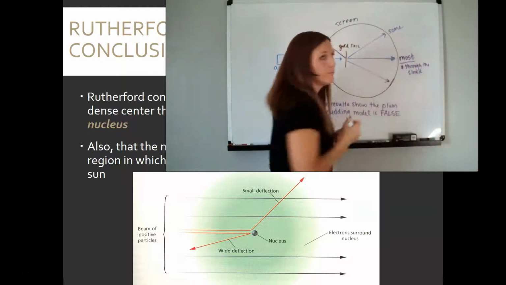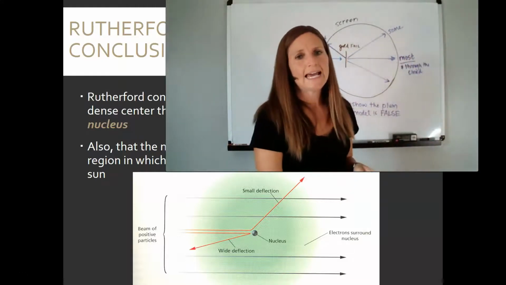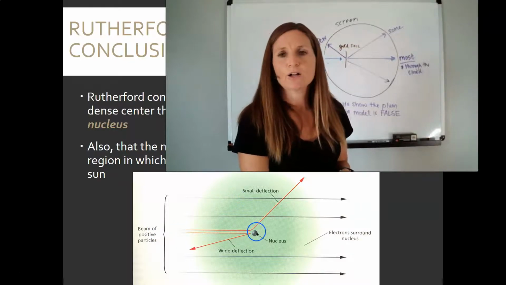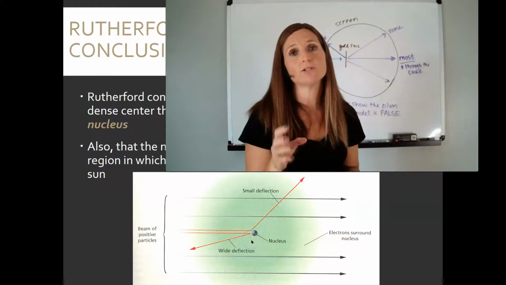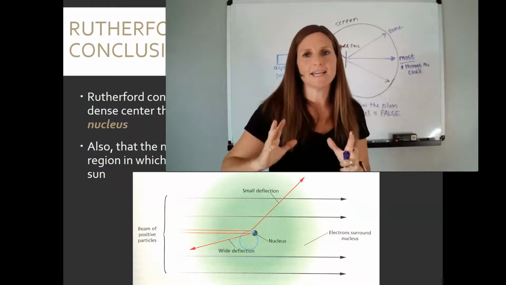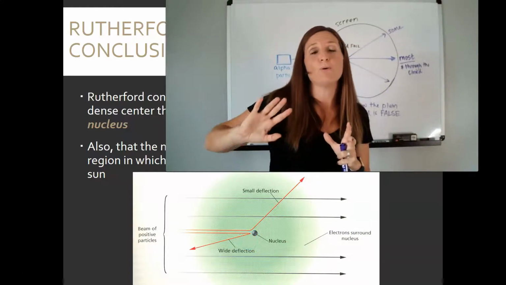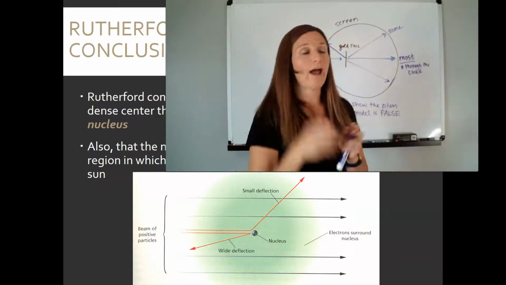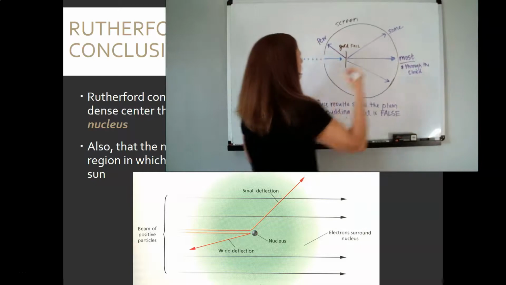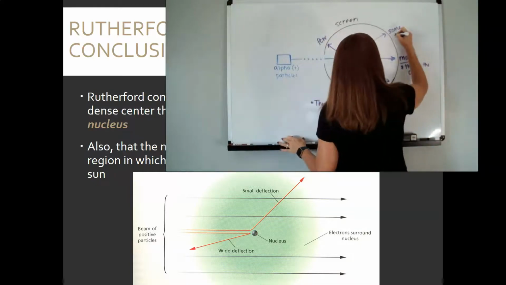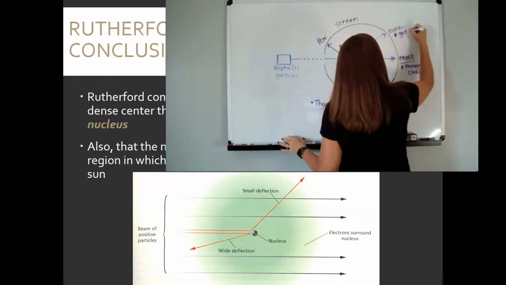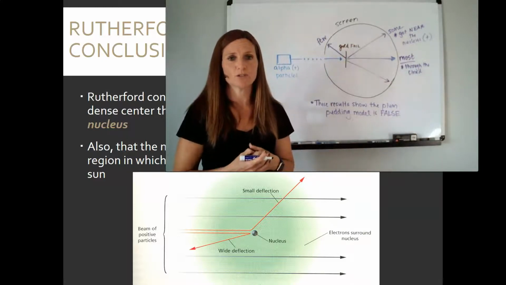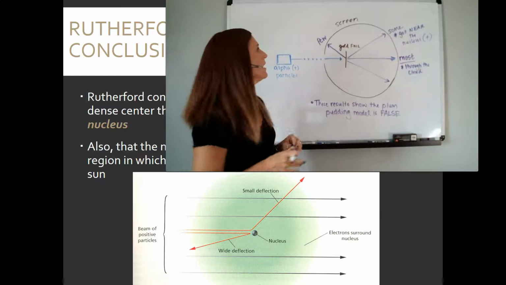But some, these ones came near the nucleus. They got close to the nucleus, and the positive nucleus started to push the positive alpha particles away and change their path. These ones got near the positive nucleus, where the protons he's going to describe are going to be.